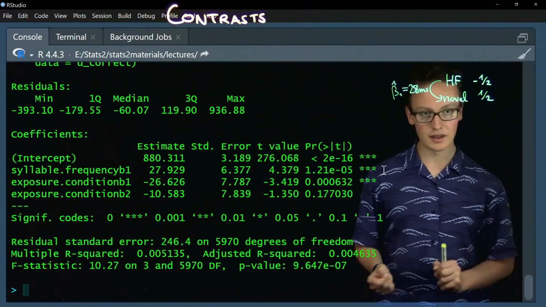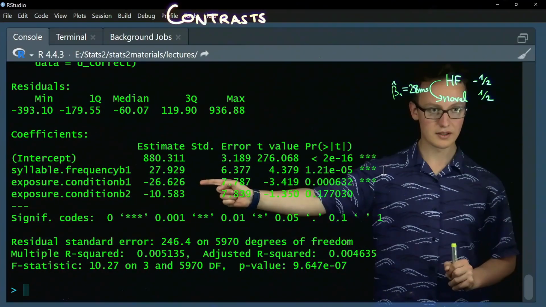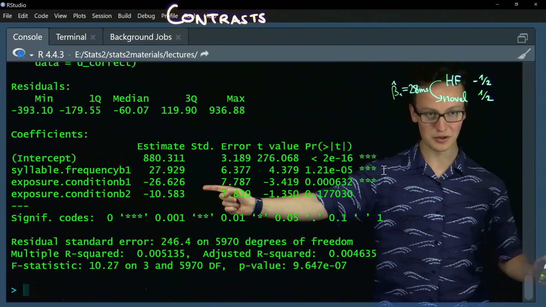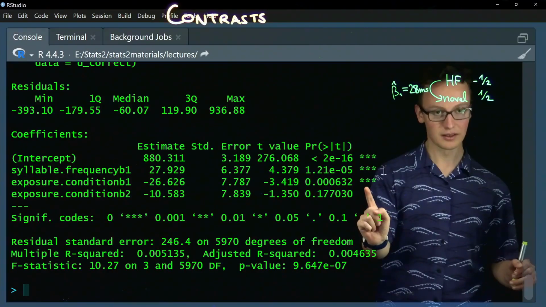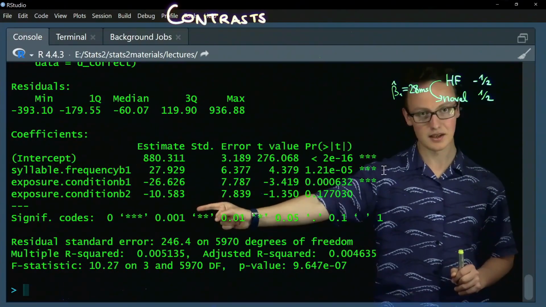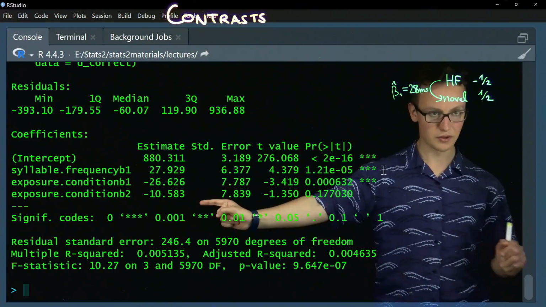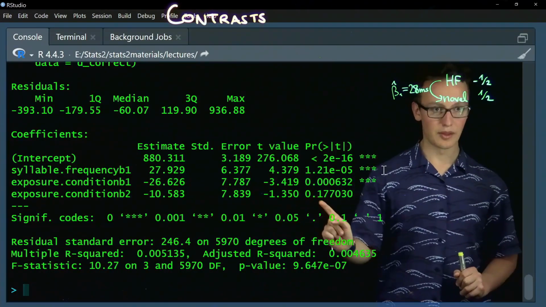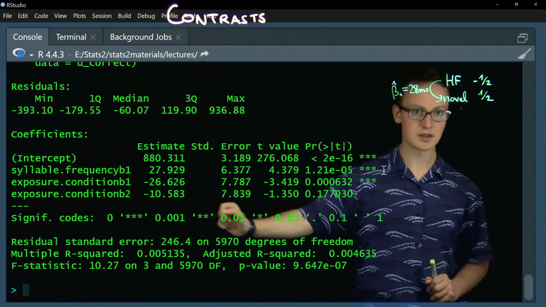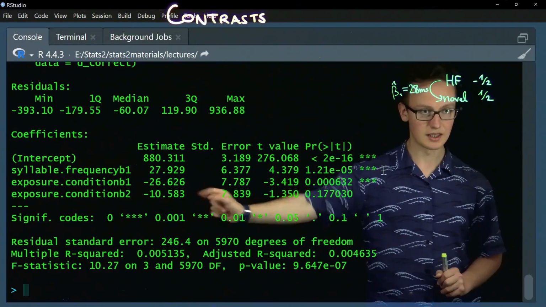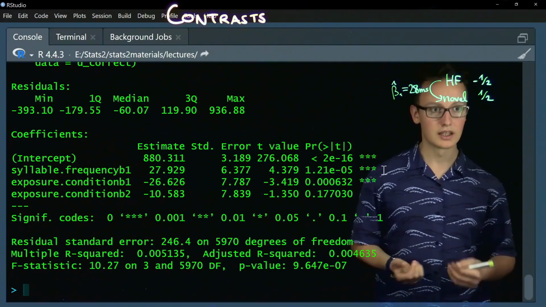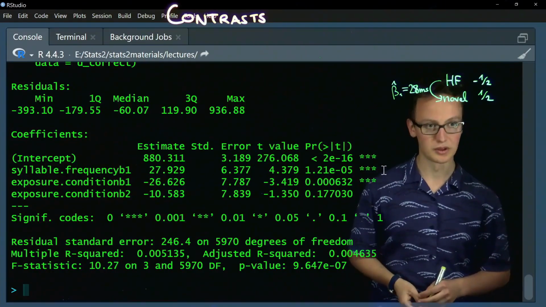The only difference being that the decrease for the production comparison to the control was indeed significant, whereas this smaller difference of just 10.5 milliseconds for the auditory versus control comparison doesn't reach significance here. So we can't really be sure that this is a real difference or just noise, but we can be somewhat confident that indeed this training based on production does in fact make a difference compared to a control condition with no training.